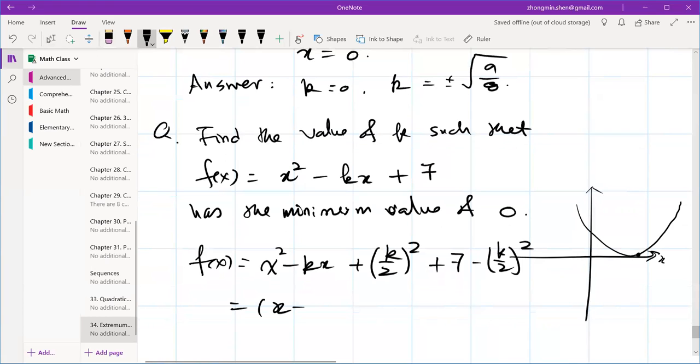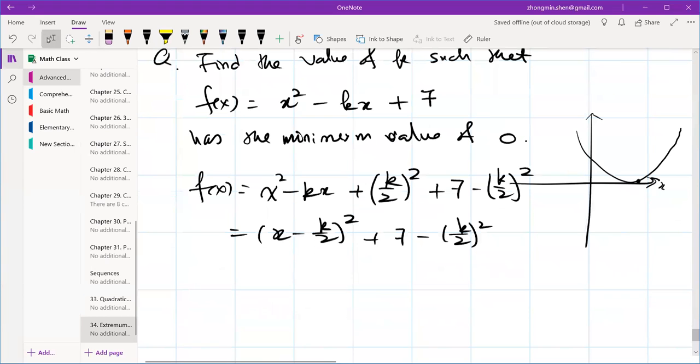So this will be x minus k over 2, squared, and here 7 minus half of k squared. This parabola opens upward, and the smallest value you're going to get is this one. This is the minimum value.